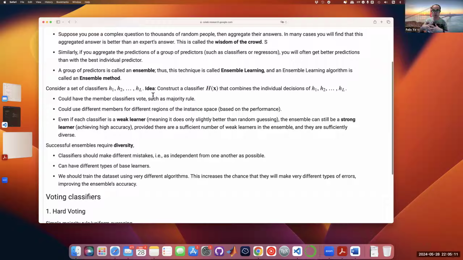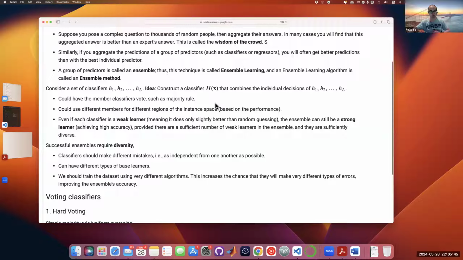The simple way is to have each classifier vote, then take the majority rule. For example, with binary classification of 0 and 1, you see how many classifiers vote for each class, see which one has the higher percentage, and output 0 or 1 by majority rule.